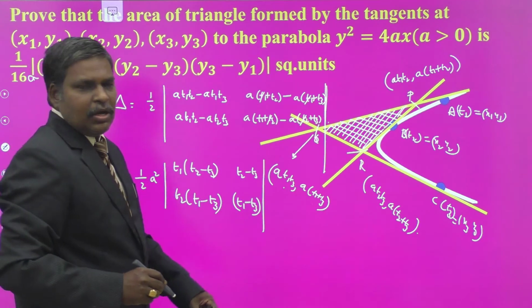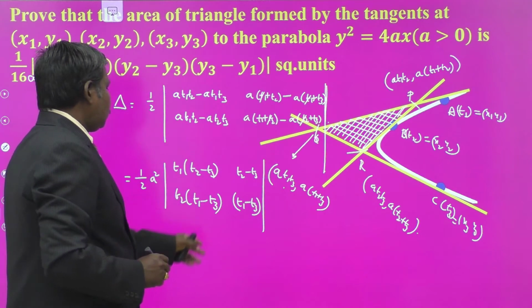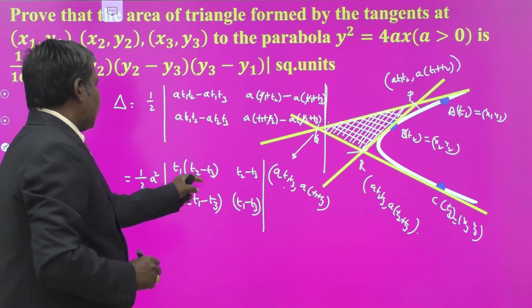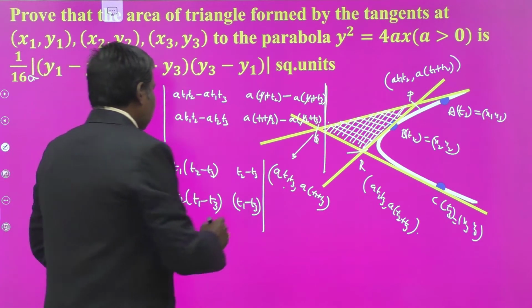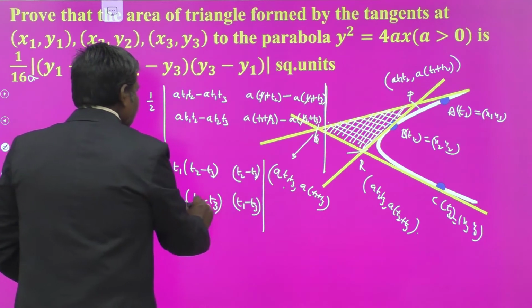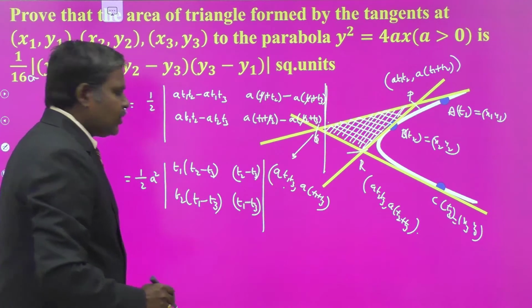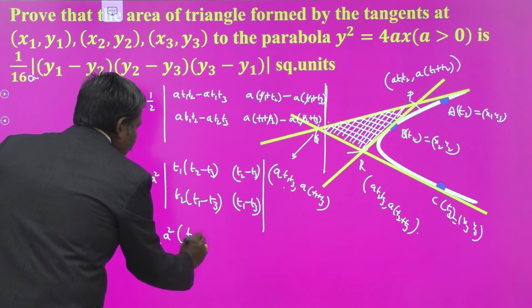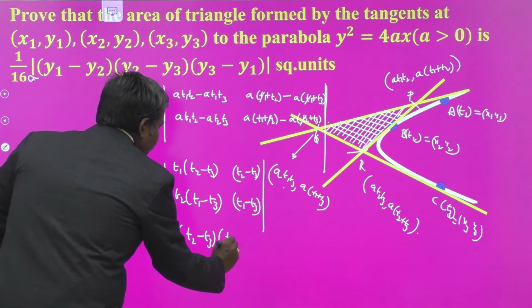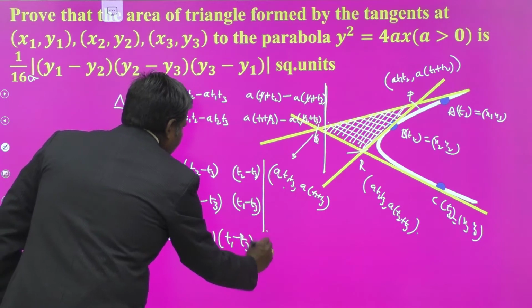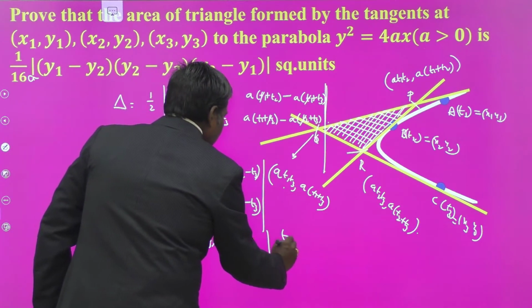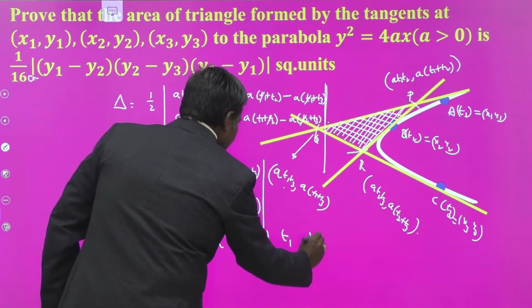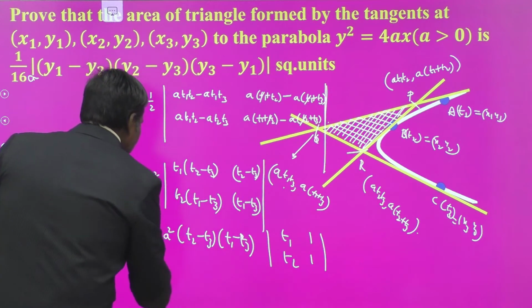That's all. Now, by using the properties of determinants, you can take common T2 minus T3 from the first row and T1 minus T3 from the second row. We obtain half A square into T2 minus T3 into T1 minus T3 into the determinant T1, T2, 1, 1. This is nothing but T1 minus T2.